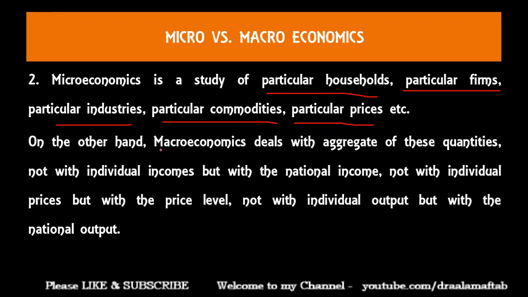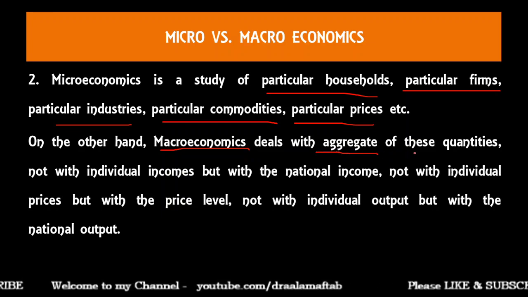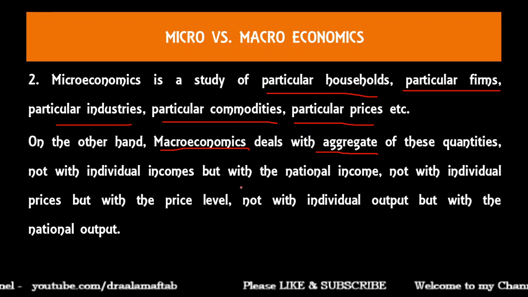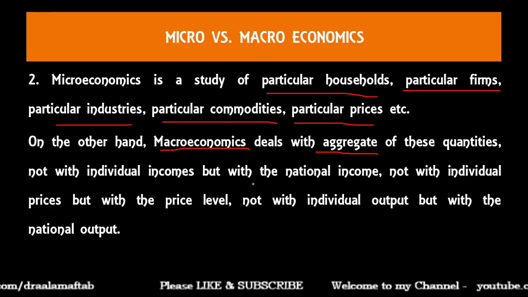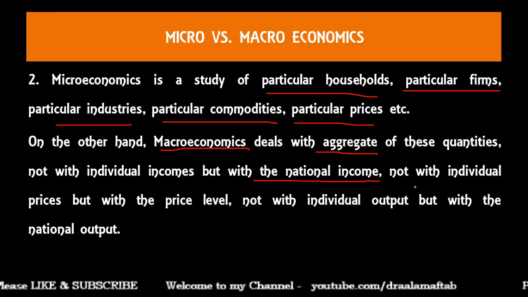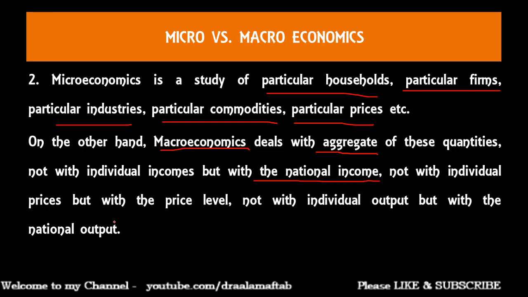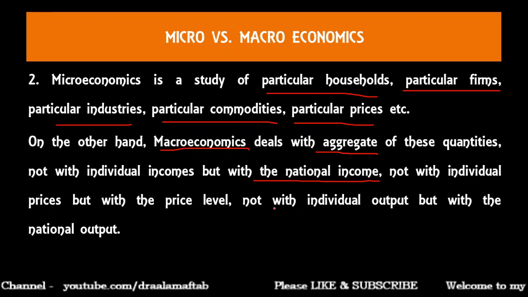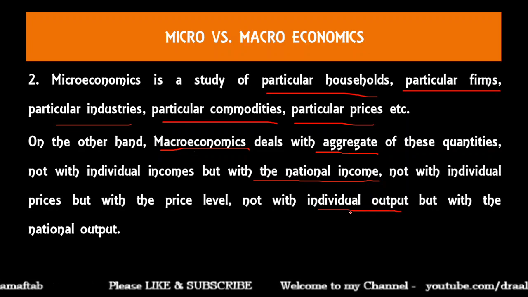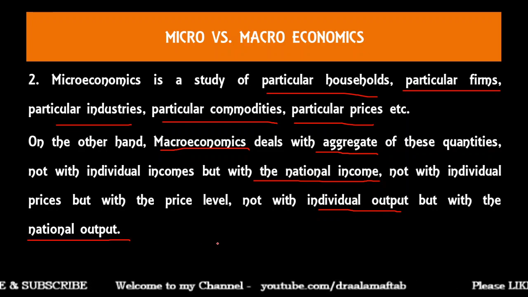On the other hand, macroeconomics deals with aggregates of these quantities, not at individual level, but at the national level, at the economy level. It studies the national income, not the individual income or individual prices. So it is not concerned with individual output, but it is concerned with the national output.